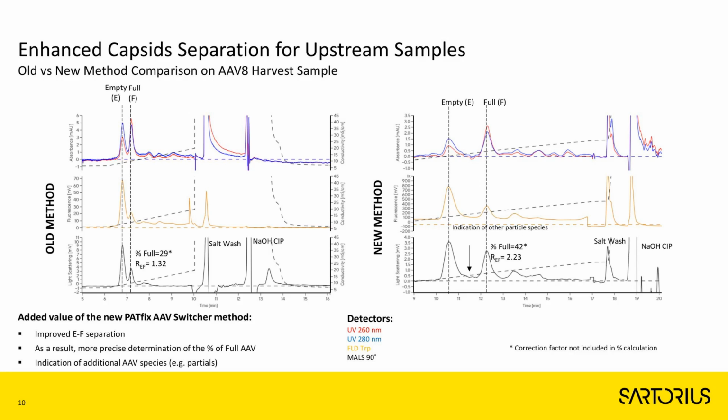With a resolution higher than 2, at least for the empty and full capsids, we can achieve baseline separation. When the samples are not too dirty or too complex, other species can potentially be observed besides the empty and full capsids themselves. However, this is not a guarantee and isn't quantifiable at the moment.